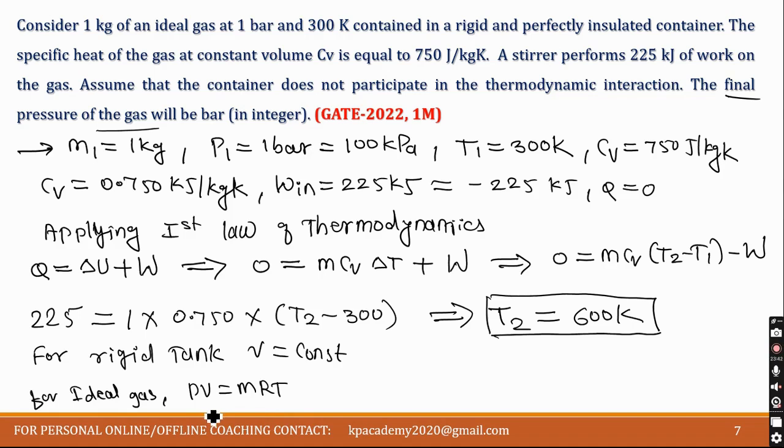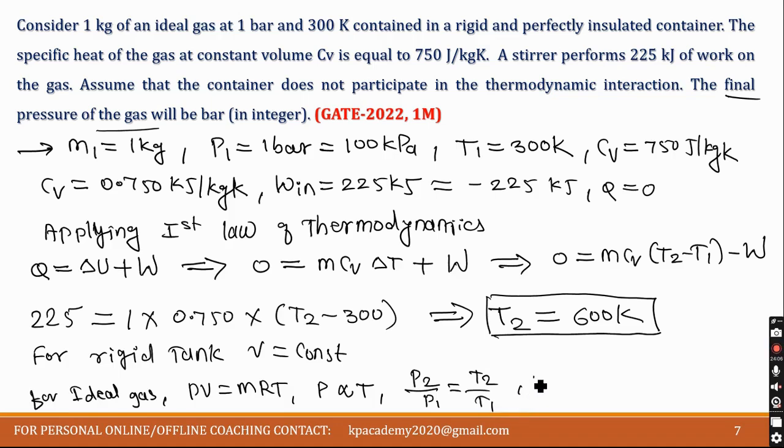That means we can have the relation between pressure and temperature: the pressure is directly proportional to temperature. So for the process happening here, we can write P2 by P1 equal to T2 by T1, right?